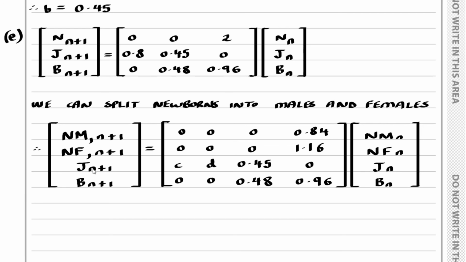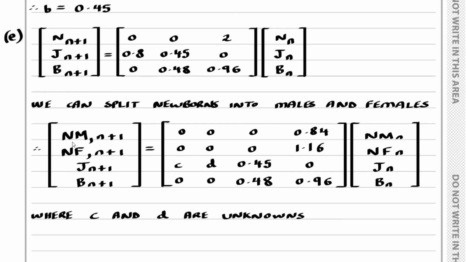So essentially what's happening here is this newborn is being split up further into males and females, which is why we get these 2 extra rows, and the C and D are unknowns.